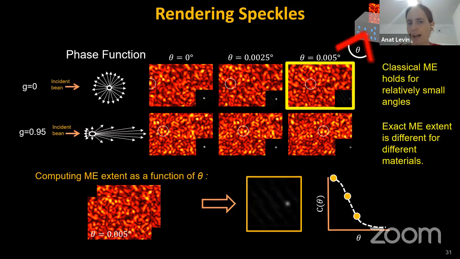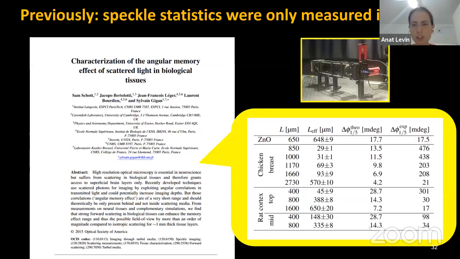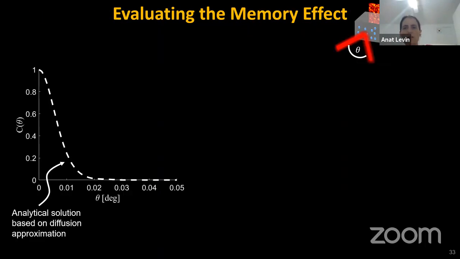And you can really find papers where the main contribution is that we went to the lab, it's a lot of work, we measured the memory effect for different types of material, for different thicknesses, and we report various statistics for some materials of interest. But with our work, we can do all of this numerically and save all this work.